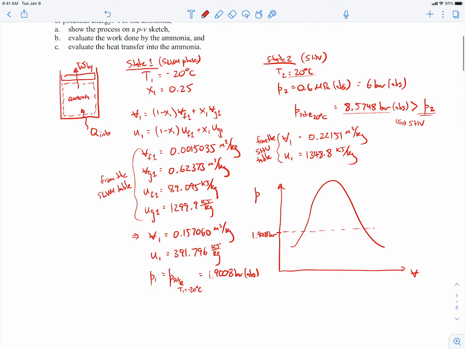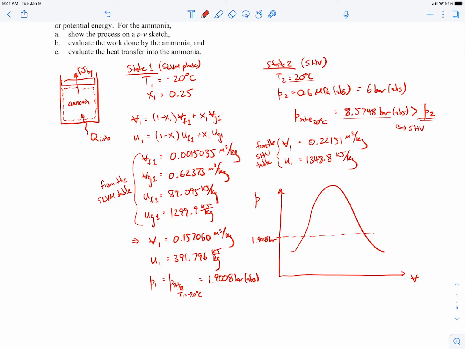And we know that's in the saturated liquid vapor mixture phase, so it's under the vapor dome. So let me just draw on an isotherm corresponding to that one. This is the T1 of minus 20 degrees C. And we're somewhere in here. Let's just put it right there for state 1. There's our specific volume for state 1.